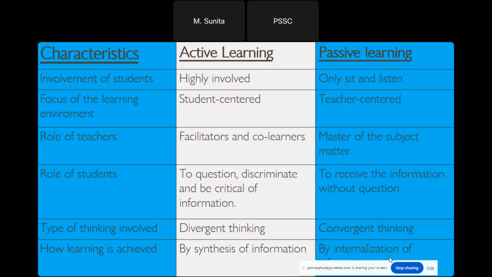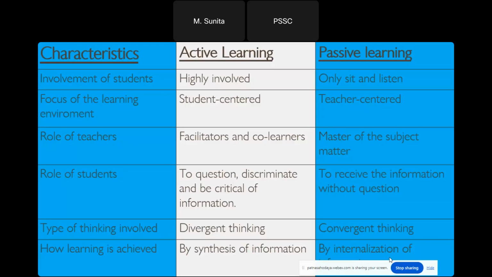So, focus of the learning environment. When it comes to active learning, it is student centered. And in passive learning, teacher centered. Now, the role of teachers: in active learning, facilitators and co-learners, and in passive learning, master of the subject matter.